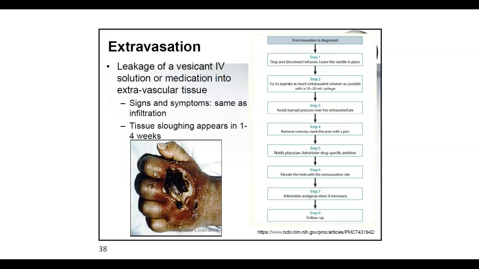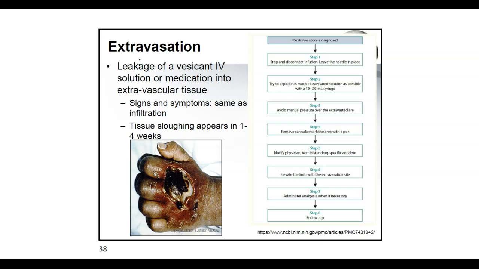Next is extravasation. All right, from the term itself, right? Extra meaning outside, vasation, vas, is from the vasculature. So outside the vasculature. So this is happening when the infusion is really outside the vein or the vasculature. And usually this is caused by vesicant medication.